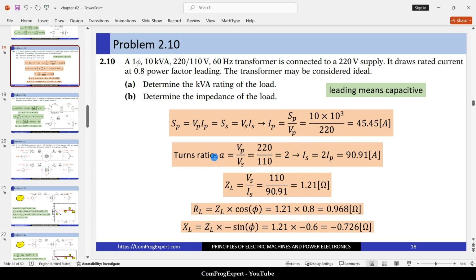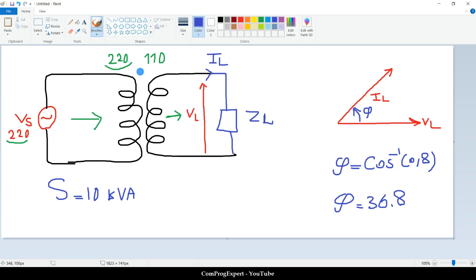We can calculate the current of the secondary winding using a similar equation, but also if we know the turns ratio, we can calculate it using this equation. What is the turns ratio? It is the ratio of the primary voltage per secondary voltage, that is 220 divided by 110, equal to 2. The turns ratio is N1 divided by N2, where N1 is the number of turns in the primary coil and N2 is the number of turns in the secondary coil.